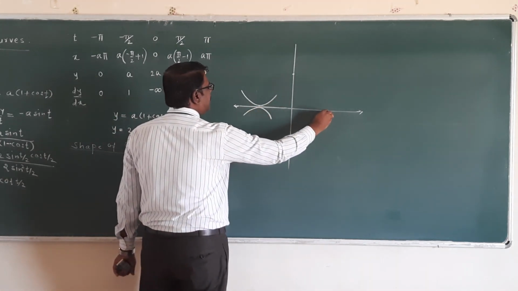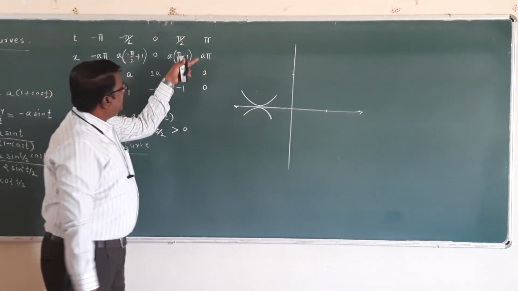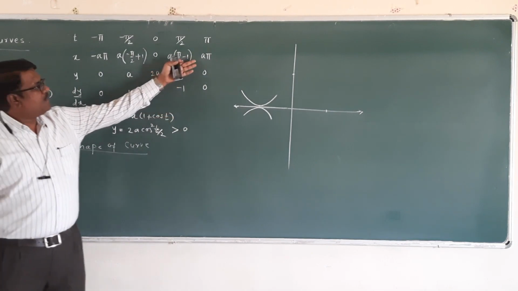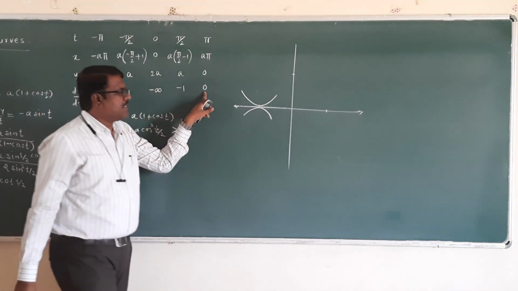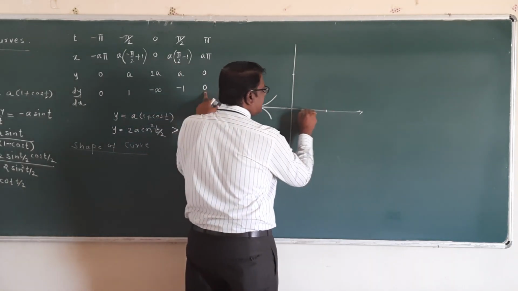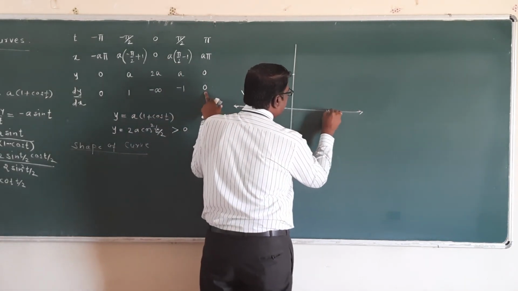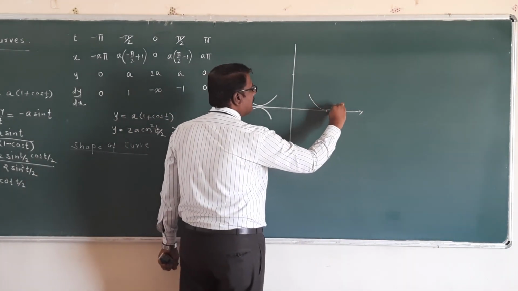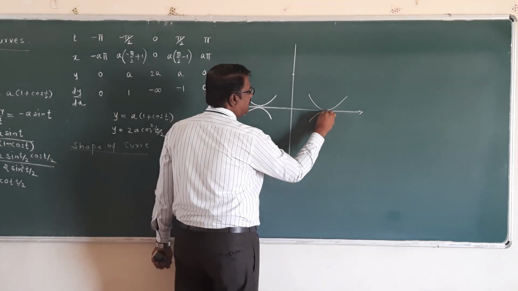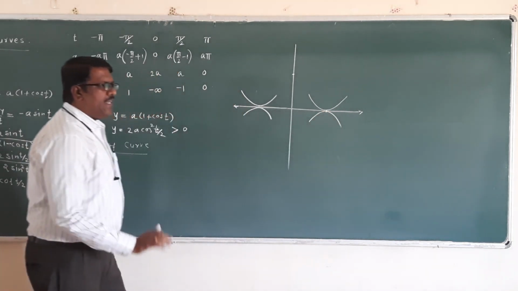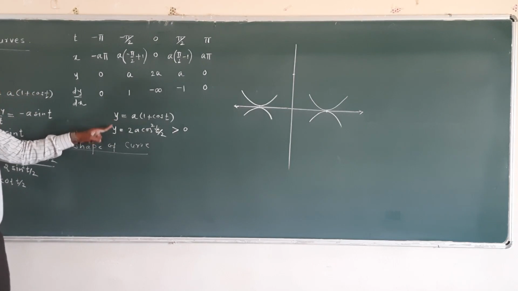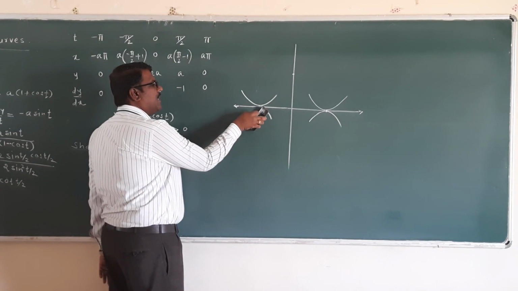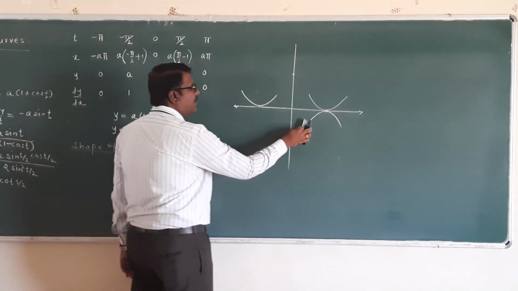Similarly, at this point, a pi, 0, again dy by dx is 0. So at this point, the tangent is again parallel to the x-axis. So the x-axis itself is a tangent. If the x-axis itself is a tangent, then the curves are like this, either on this side or on this side. But in the region of absence, we have seen y is always greater than 0, so the part of the curve which lies below the x-axis, we are going to erase it.